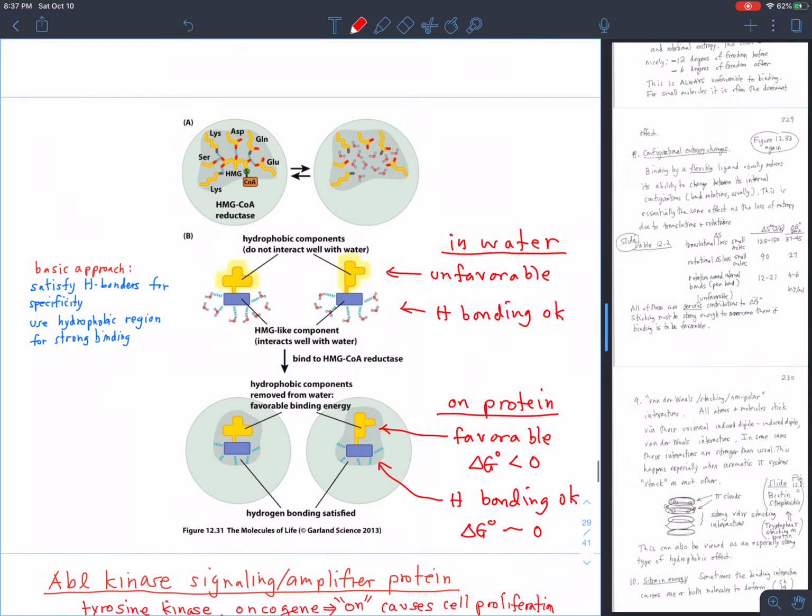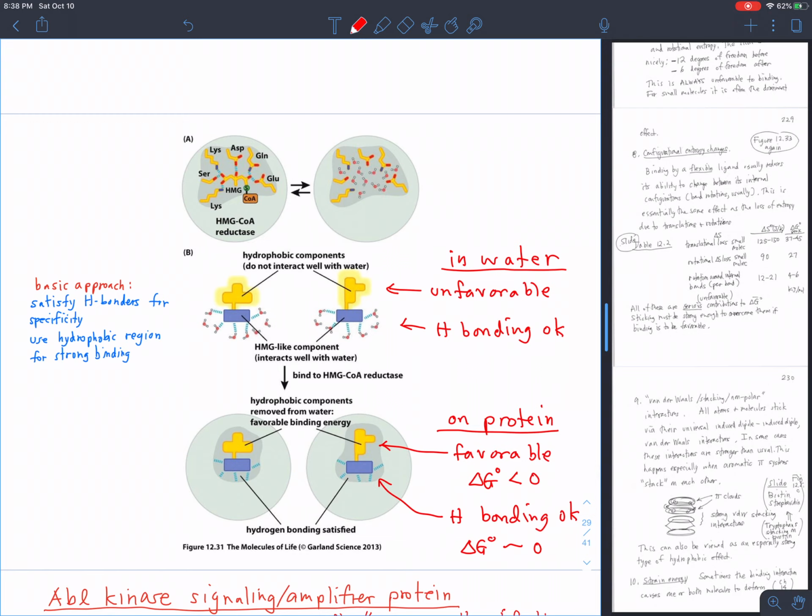We talked a little bit in the past about the role of hydrogen bonds in forming complexes between ligand molecules, drugs, and so on, and the binding sites on proteins. And I showed this exact slide before, from the HMG-CoA reductase part we talked about earlier.